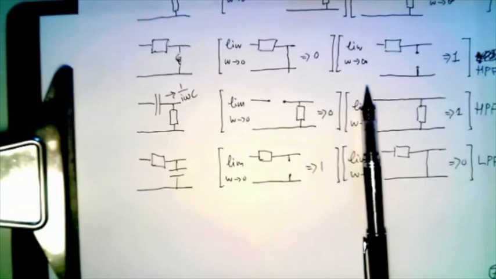Now, as I was saying, these filters, you find them everywhere, not only in the lab, but also in all the devices that you might have. There are resistors, capacitors, and inductors everywhere, and most of the time they're trying to filter stuff.